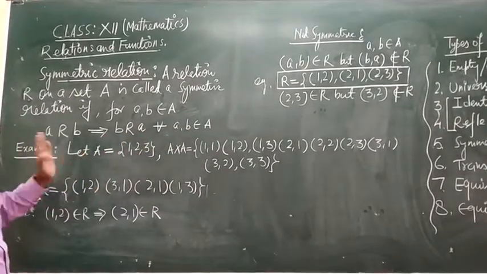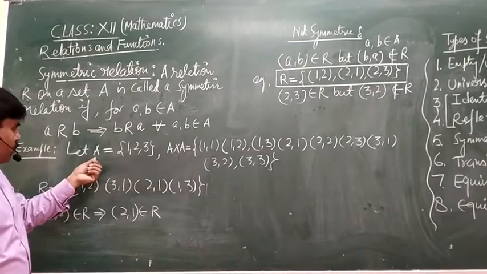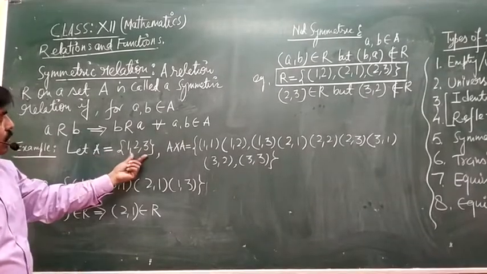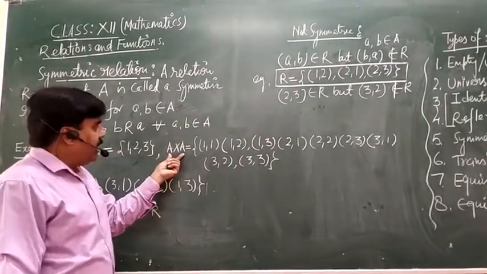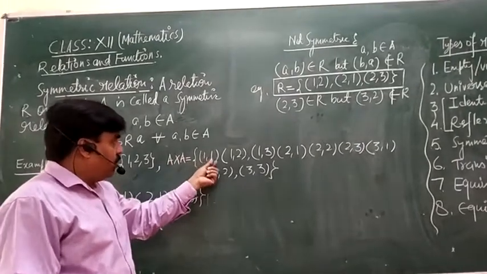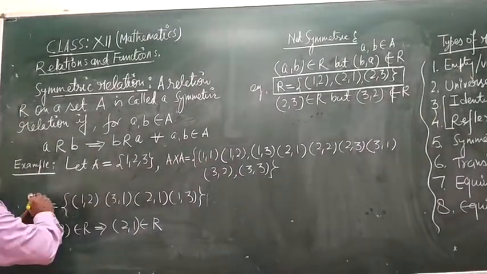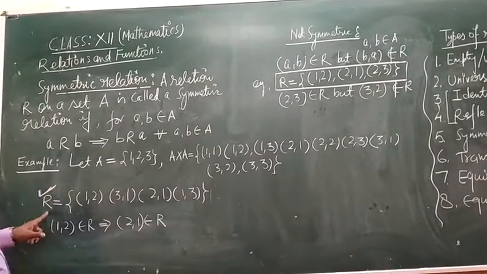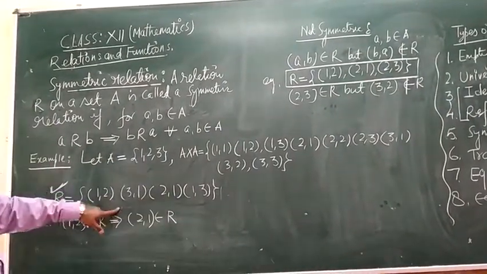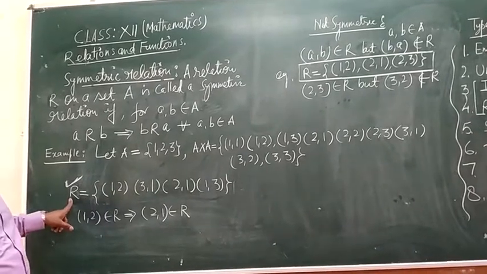Just see, you can understand with the help of an example. Let's suppose there is a set A whose elements are 1, 2, 3, and if you write A cross A, it is 1, 1, 1, 2 and so on. We are taking a relation R, which is given. Now we want to check whether this relation is a symmetric relation or not.